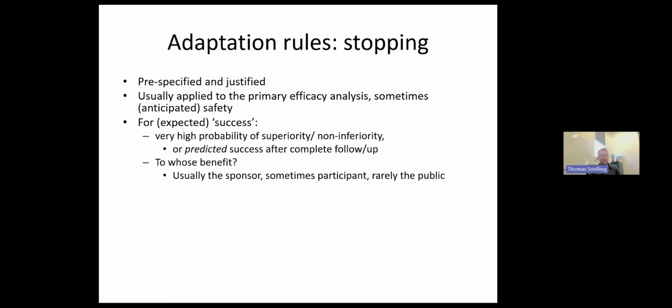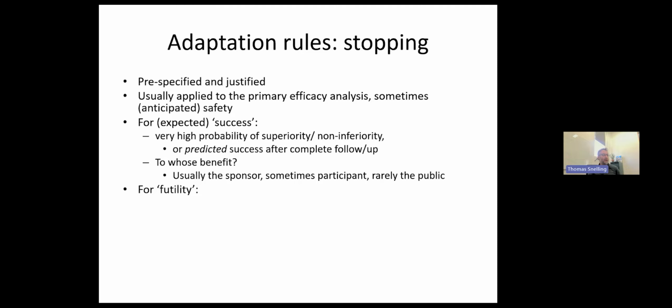But really the public benefits from stopping early. Usually it's in the public or science's interest to gain as much information as possible about a treatment. So stopping early is not always in the broader interest of the community.